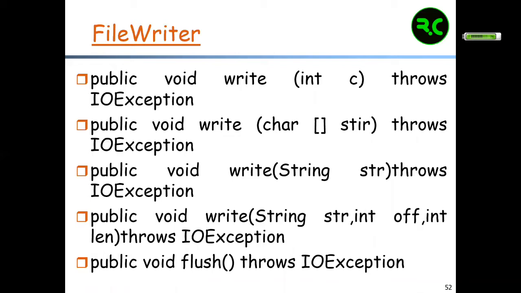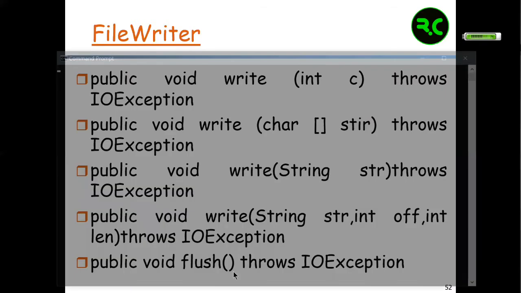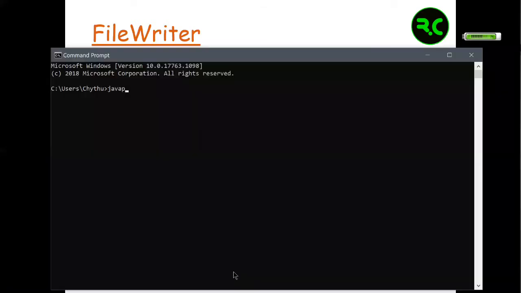Let us check out what other methods and constructors it has by checking the package information using javap. So javap java.io.FileWriter. The FileWriter belongs to the java.io package.